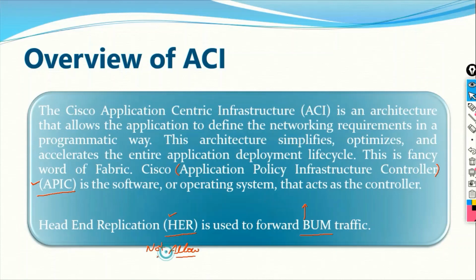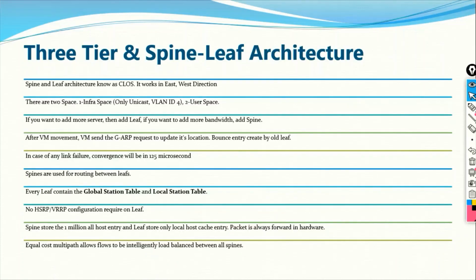It is not allowed to run in your ACI infrastructure. You can't do the broadcast. Clear, sir? This is a very high-level ACI overview in simple language, so that you have a bit of an idea about it, but we'll get into detailed discussion in the upcoming slides or classes.